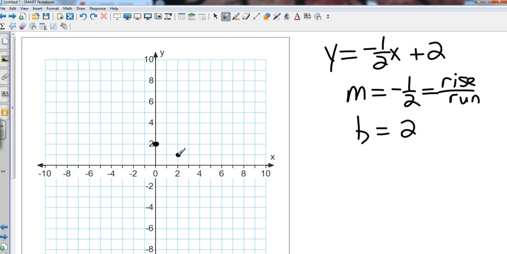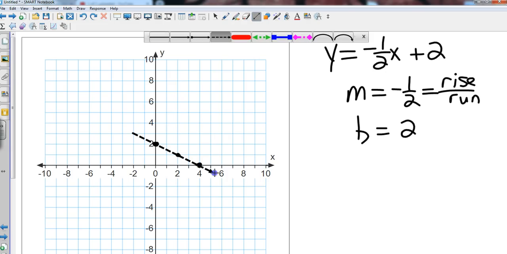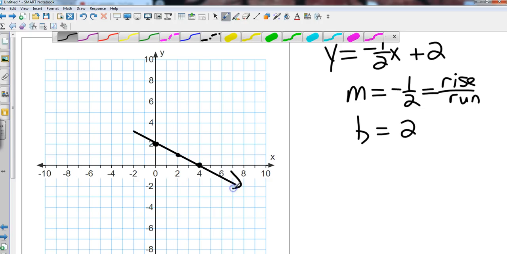And I'm going to do that one more time. Down 1 and to the right 2. And now I have created, oop, I don't want a dashed line. I've created my line. So that completes Chapter 3, Section 5, Graphing using Slope-Intercept Form.